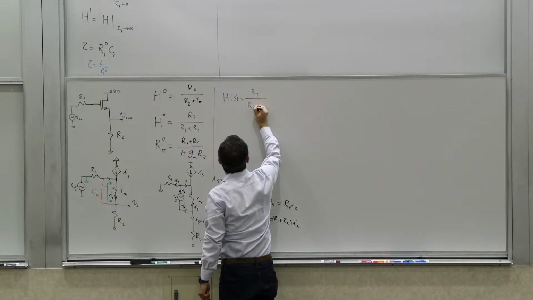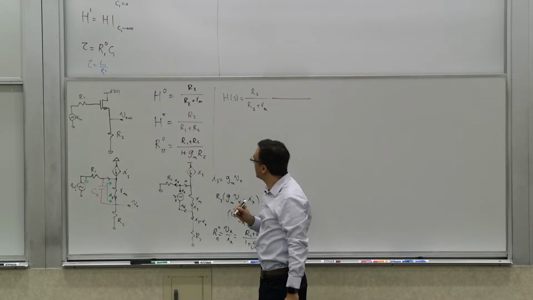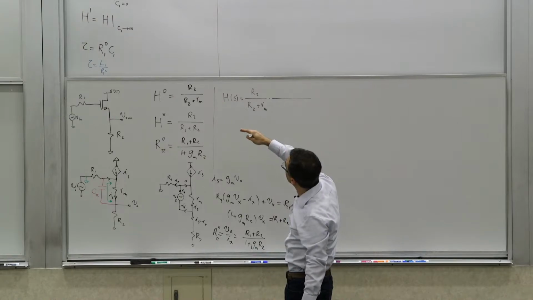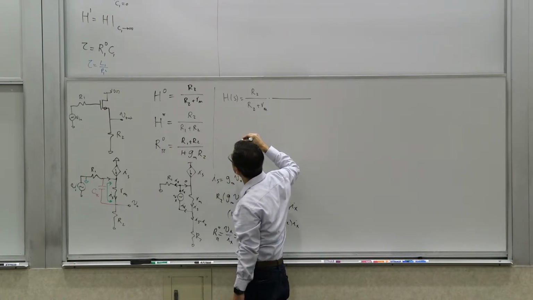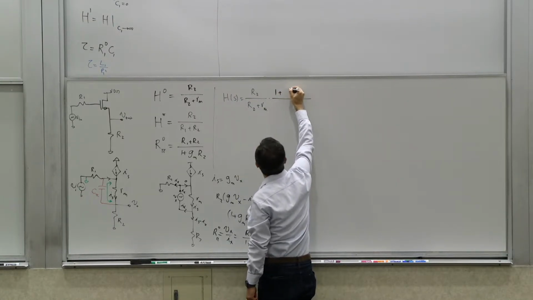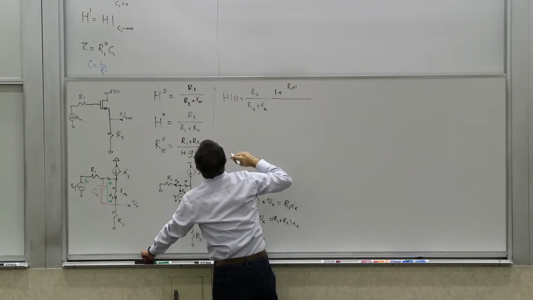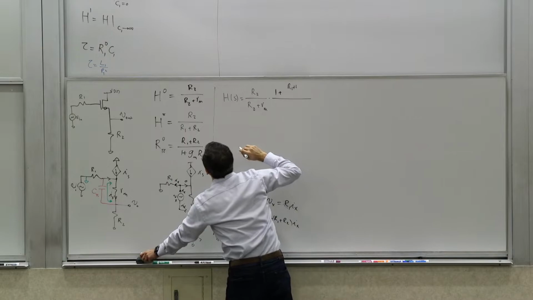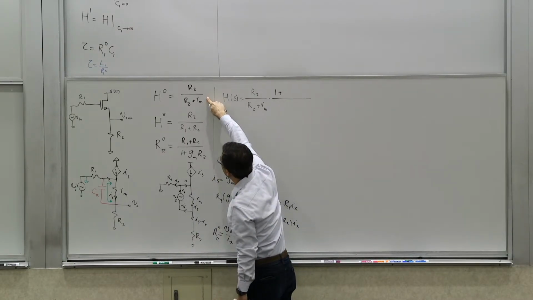I'm using the second form, the factored form, because that gives me the poles and zeros directly, right? And then I have to calculate the ratio of H pi to H0. So you can see the R2's cancel, right? So what am I left with? It's basically 1 plus R1 plus R1. No. So it's this divided by that.